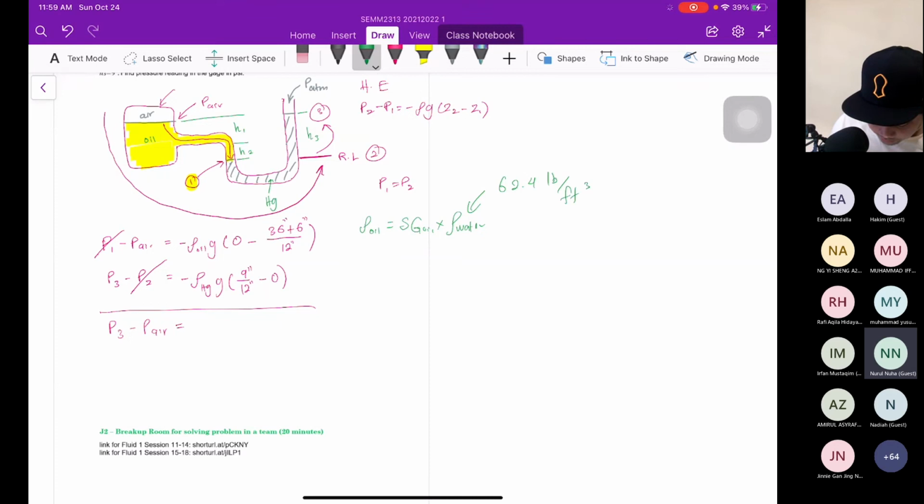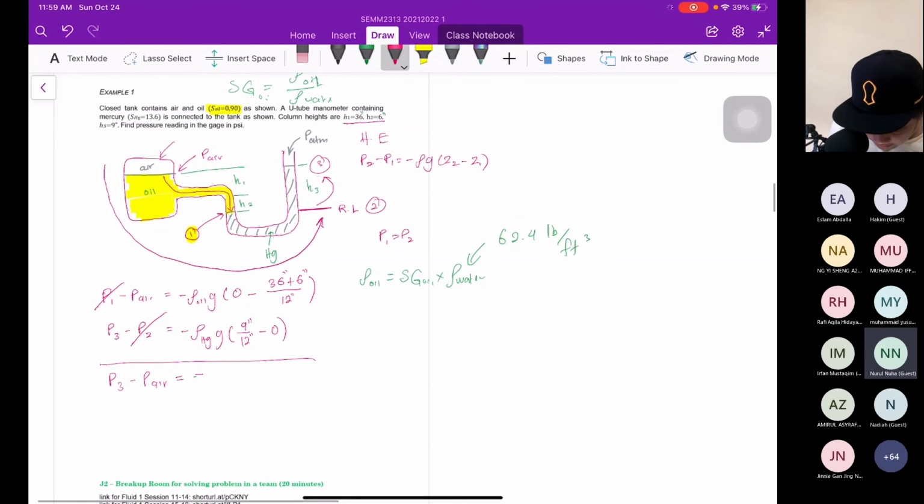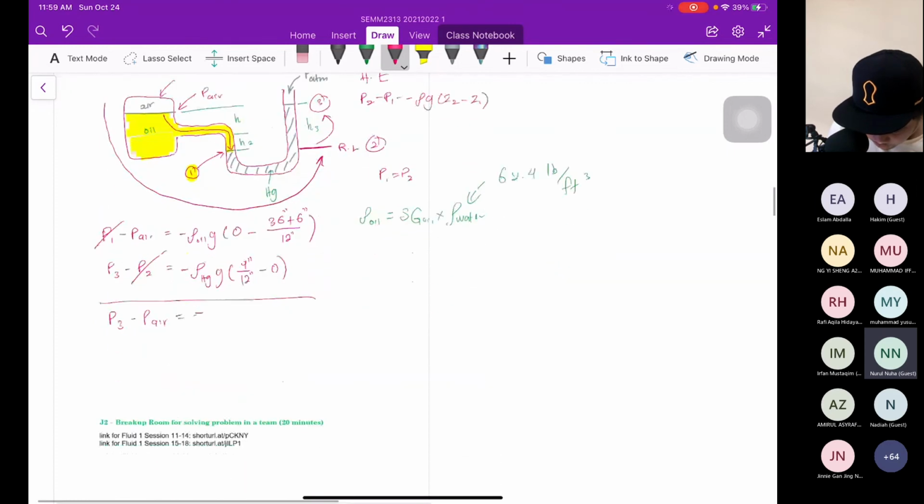Okay, remember that. So the density of oil term is negative: the specific gravity of oil, which is 0.9, multiplied by 62.4, multiplied by negative 3.5.